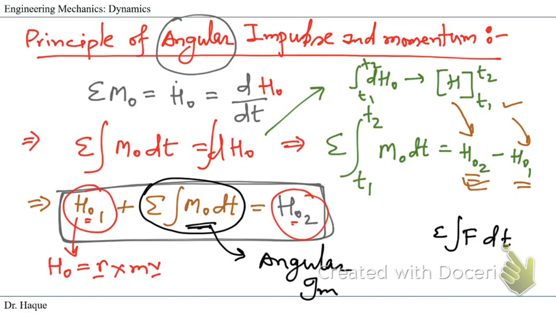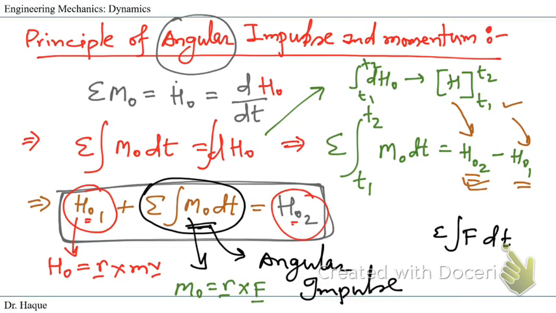This M is defined as M naught, that we know from the previous lecture, the cross product with force. So this is our principle of angular impulse and momentum.